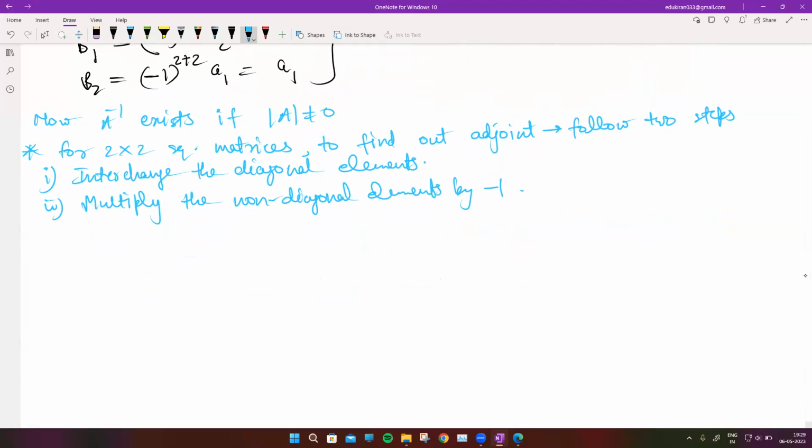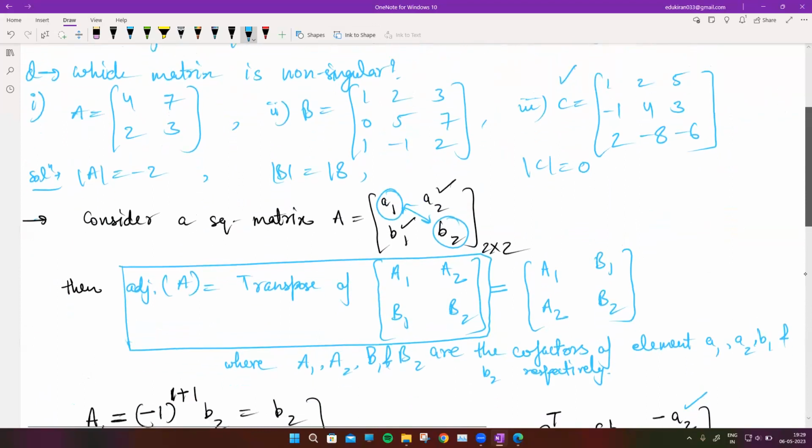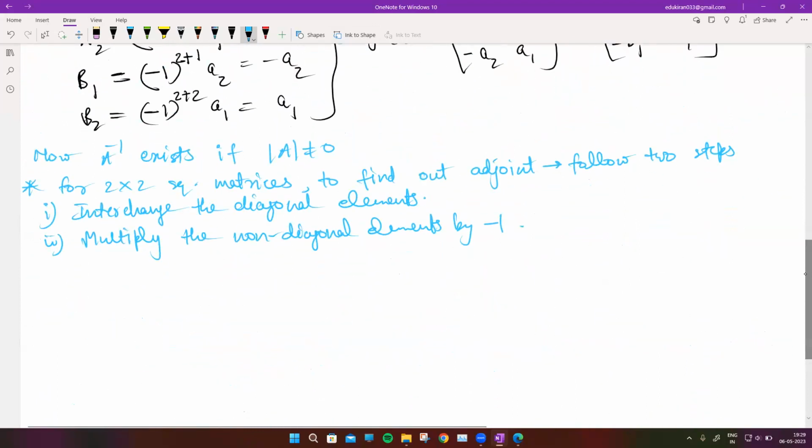So let's find the adjoint for this 2 cross 2 matrix. We have been given this 2 cross 2 matrix: 4, 7, 2, 3, right? For example, 1. Right, this was the matrix.